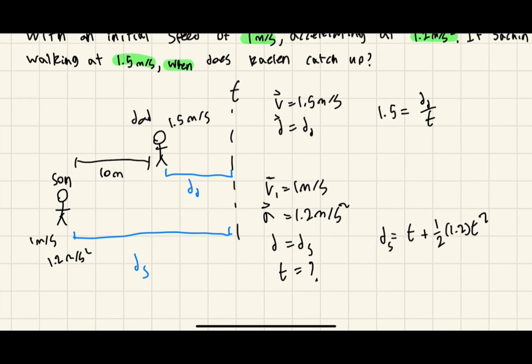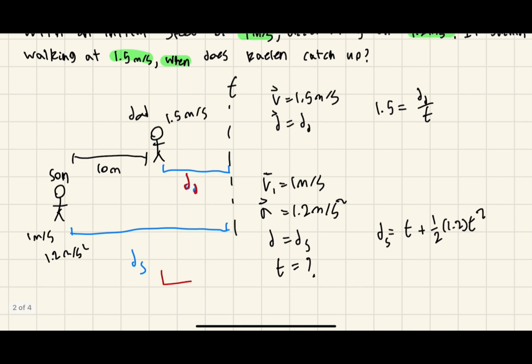We can relate their distances to each other, right? Let's say that this is the distance of the dad, as we know. All this means is that the son is going to have to travel the distance that the dad travels plus 10 extra meters, right?